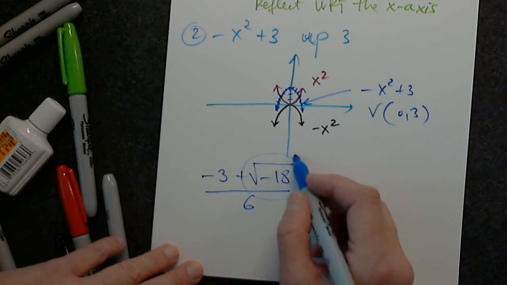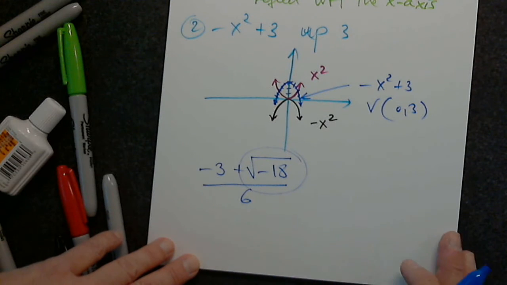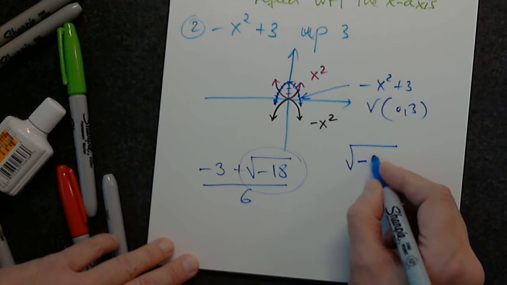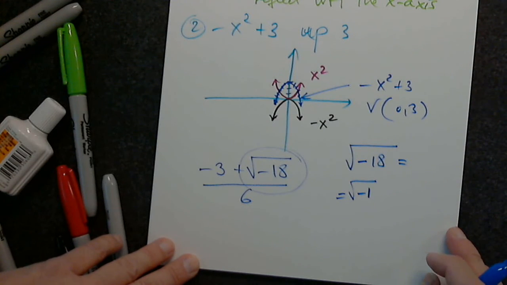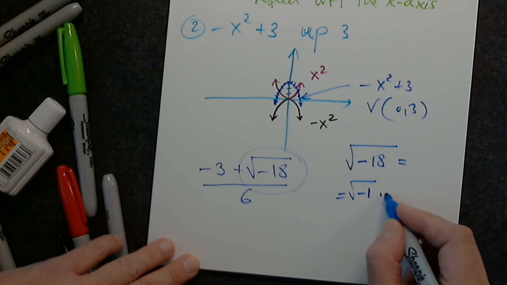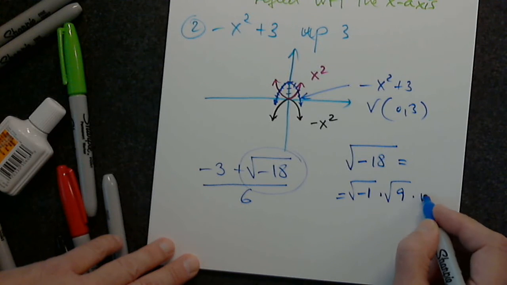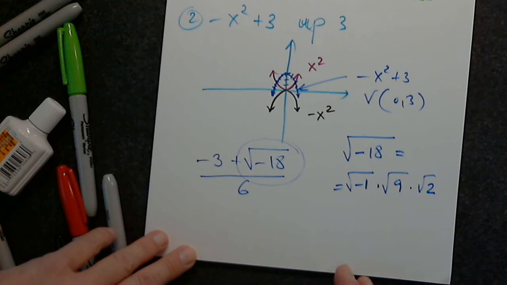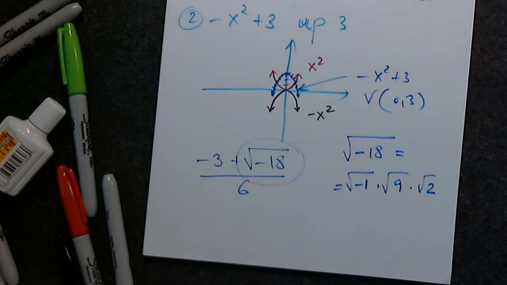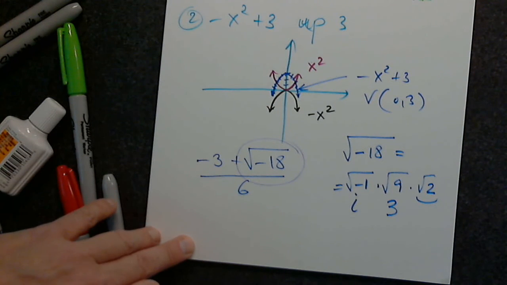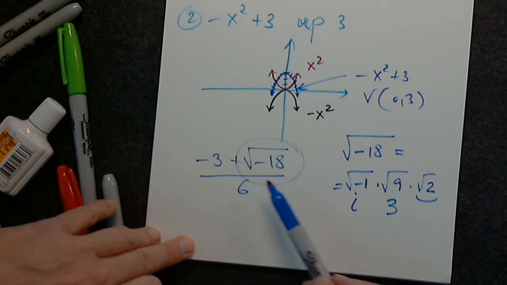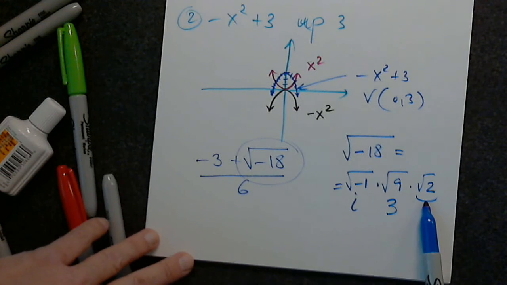First of all, I see that this is not a real number, and I will take it aside. I have negative 18. The first thing I do is this. Then I know that 18 is 9 and 2. And now I decomposed it to the bone. This is the i, this is the 3, and no one can simplify that. So just this piece will become 3i square root of 2.